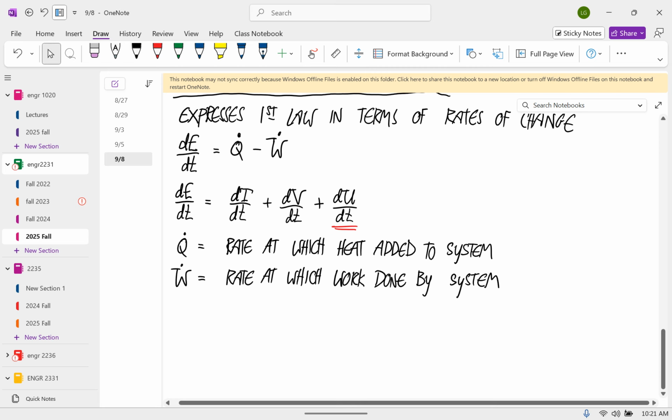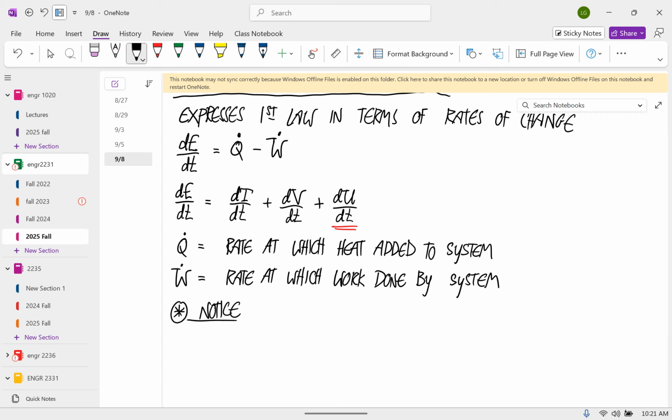Okay, so notice that we're going to be using the same sign convention as for the regular first law. Let's call it the standard first law. So if energy is added to the system by heat, Q dot is positive, and if work is removed from the system and added to the surroundings, W dot is positive.